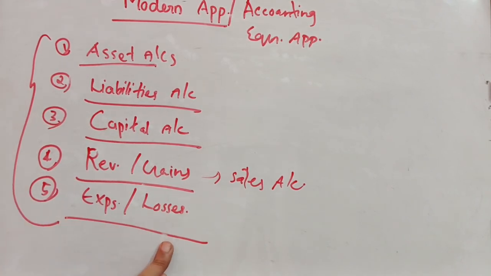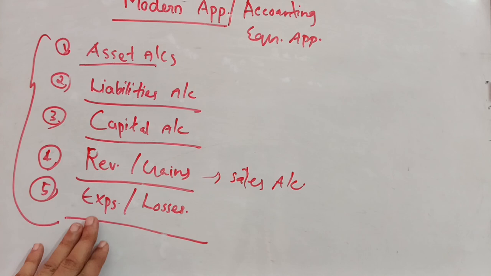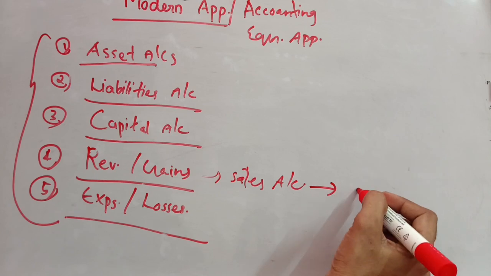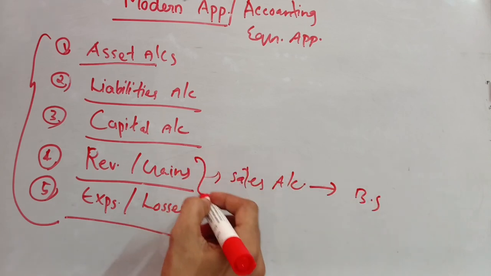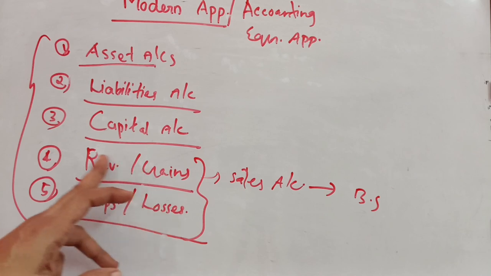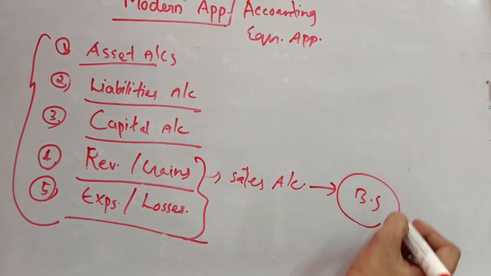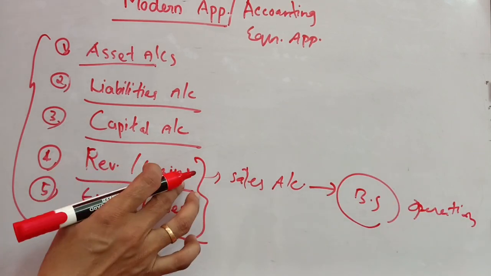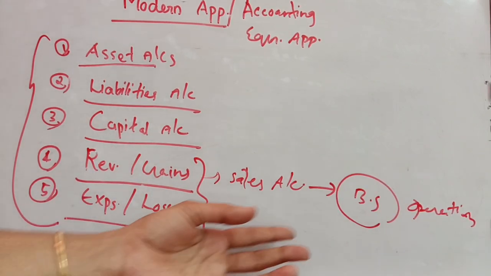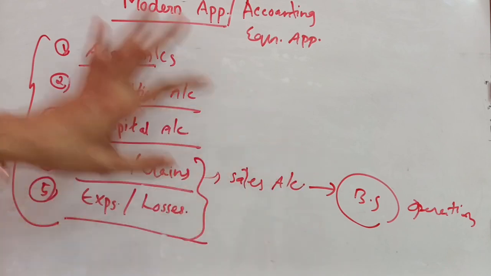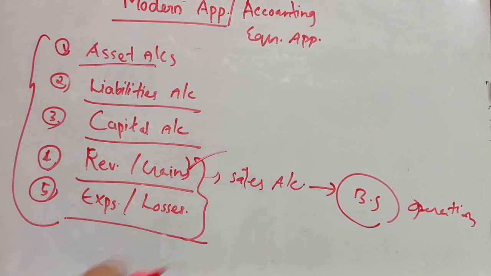Then expenses or losses account. These accounts show the amount spent or lost in carrying on the business operations. That is, these arise from business operation. So the revenue or gains arising out of business operations, such as sales account, incomes, interest earned account, all come under revenue or gains account.